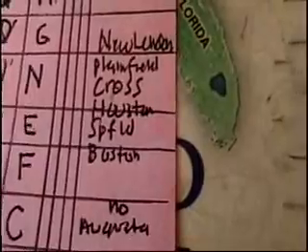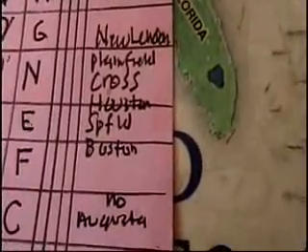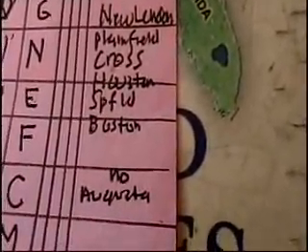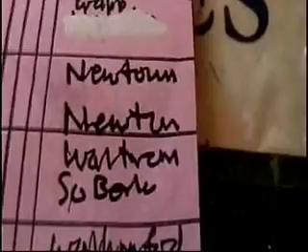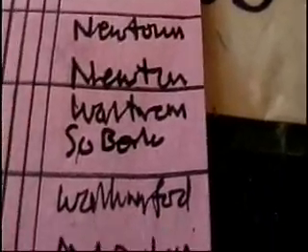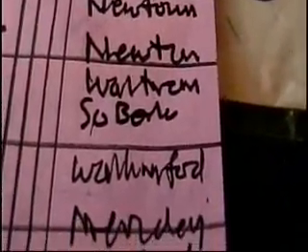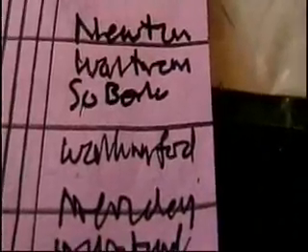And now, the regulars: New London, Plainfield, Connecticut, Cross River, Houston, Springfield, Boston. No to Augusta. Peekskill, Wappingers Falls, Newtown, Newton, Waltham, South Berkshire, Massachusetts, the Berkshires, Lenox, Great Barrington, Lee, Stockbridge, Wallingford.